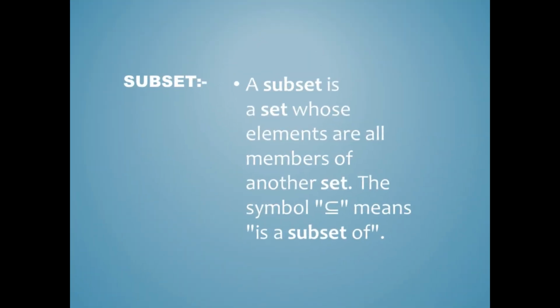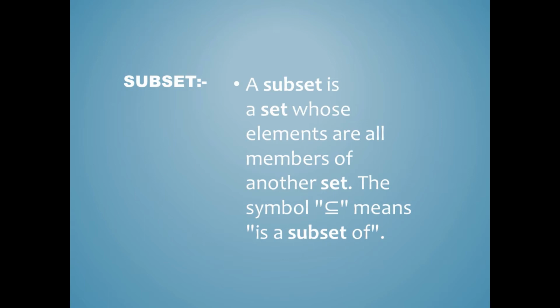Subset. A subset is a set whose elements are all members of another set. The symbol ⊆ means is a subset of. What is a subset? We are talking about another set in this definition. You can say the given set. If you have a set {1, 2, 3, 4, 5} and you are saying that {2} is a subset of this set, yes, {2} is a subset of this set because all the members of the subset are members of the set.